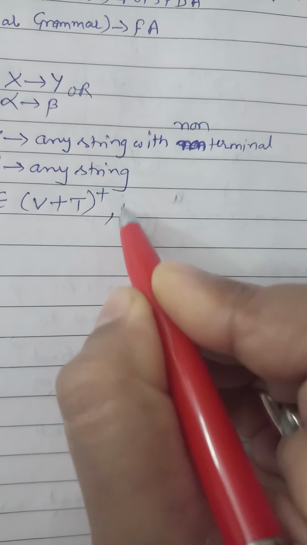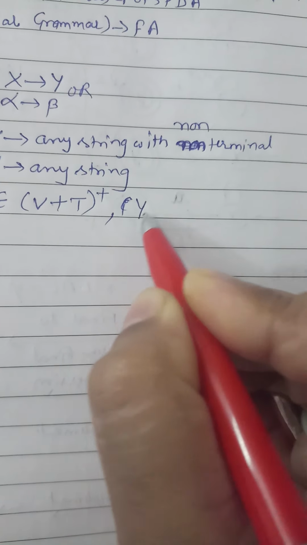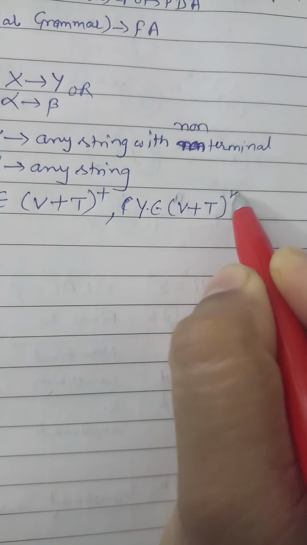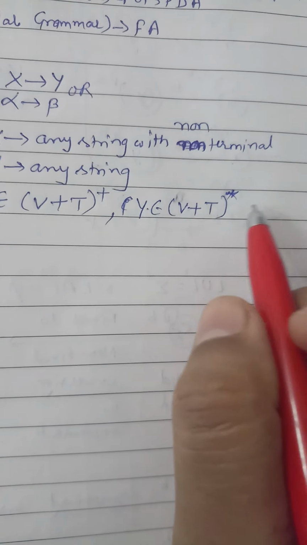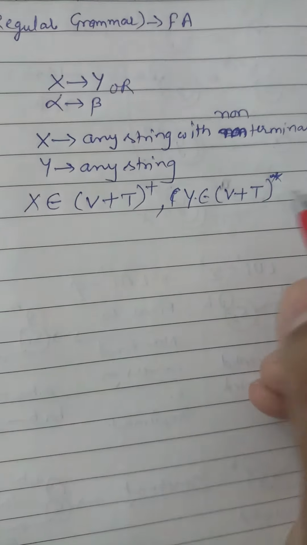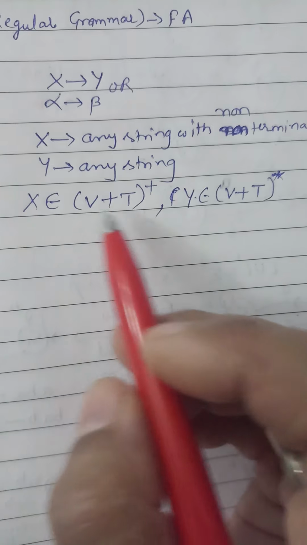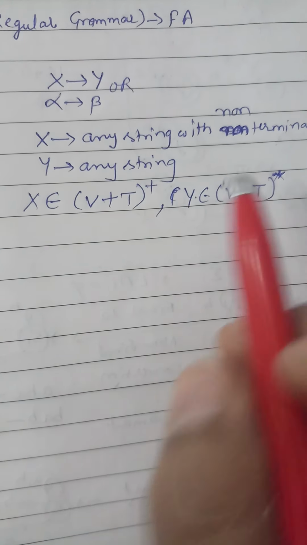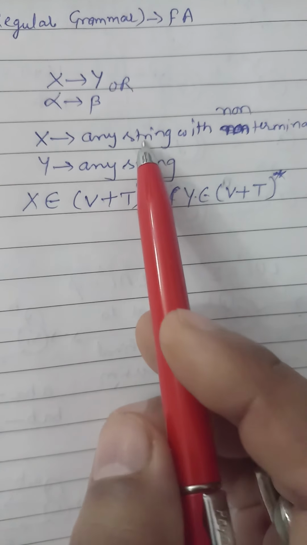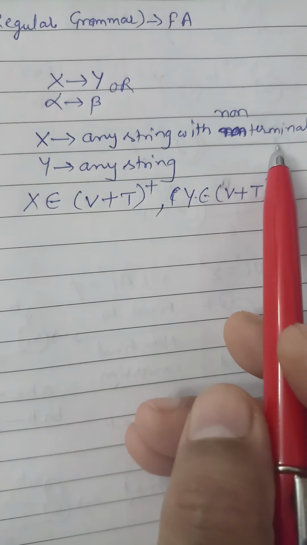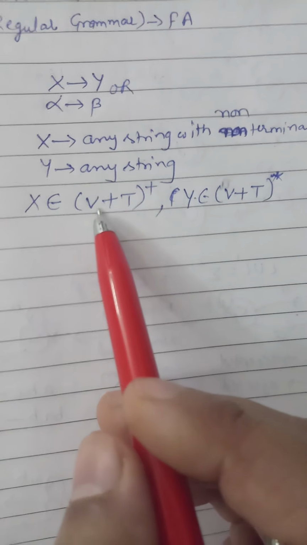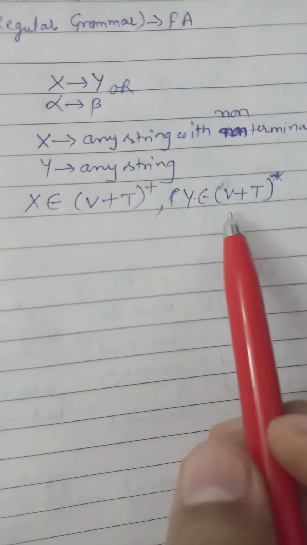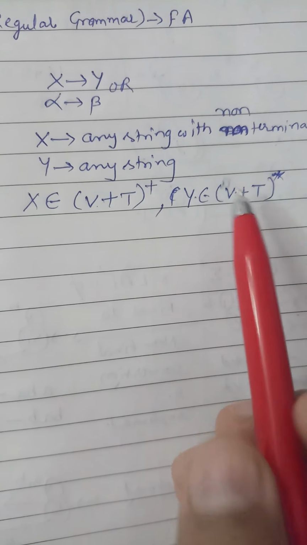And y belongs to (variable plus terminal)*, it means y can be empty. x belongs to (variable plus terminal)+, and y belongs to (variable plus terminal)*. So that means x can be any string with a variable, and y can be any string, variable plus terminal, it can be anything.